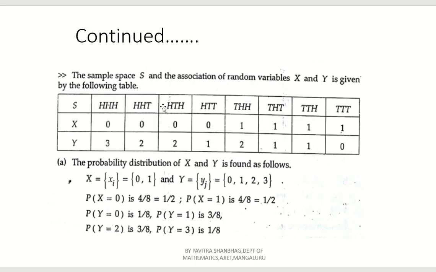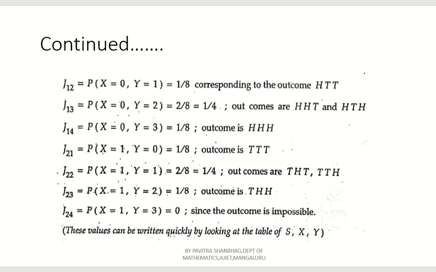HHT and HTH, right? We have to simplify, and after simplification we get 1 by 4. Next, J14 is P of x0 and y3, that is 1 by 8. The outcome is only 1 here, that is HHH.